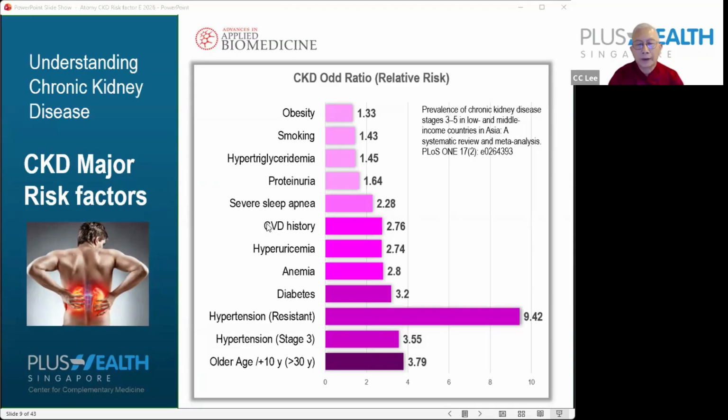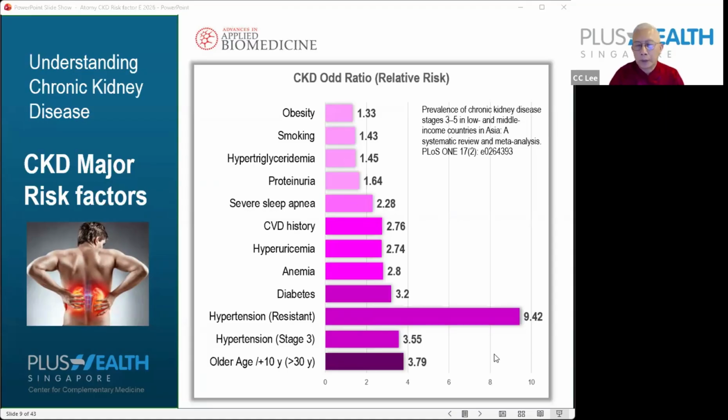Next, on the risk factor side, you can see that hypertension plays a very important role in contributing to CKD. Hypertension, like resistant hypertension, where the blood pressure is not controlled even on medication, or hypertension stage 3, right? These are the hypertension patients that have very high risk for CKD, followed by diabetes, anemia, hyperuricemia, cardiovascular disease history, and severe sleep apnea.